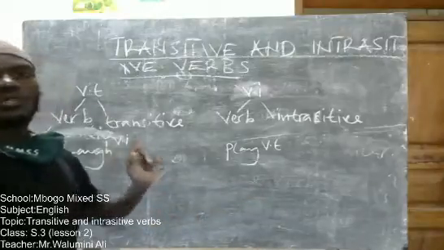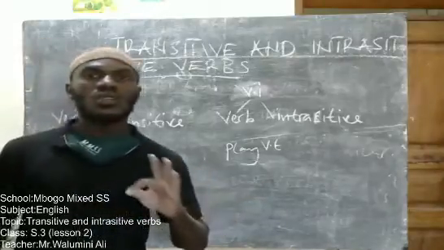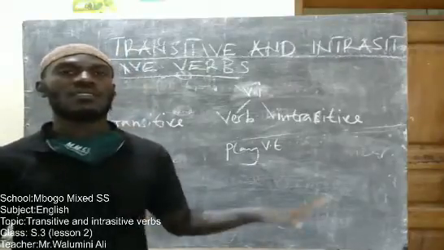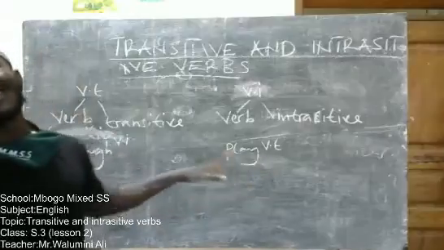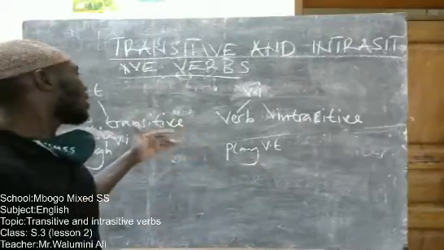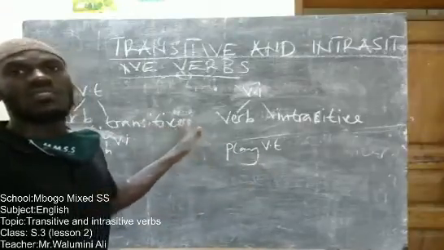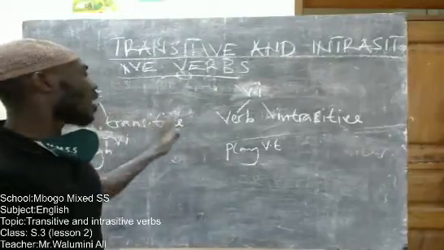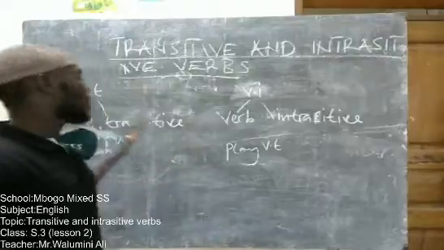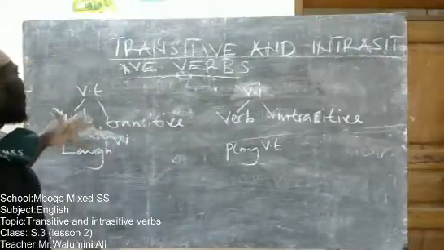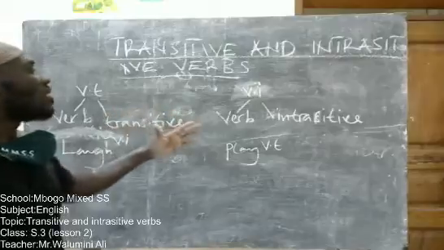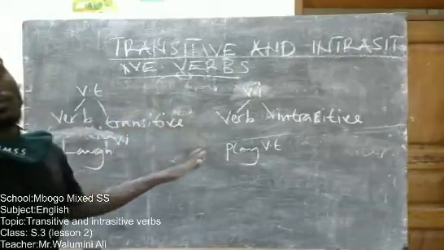Now this actually brings us to the task that I want to give you. Now you're just going to help me go to your dictionary and write for me 10 of these verbs. I would like you to write 5 transitive verbs and 5 intransitive verbs.